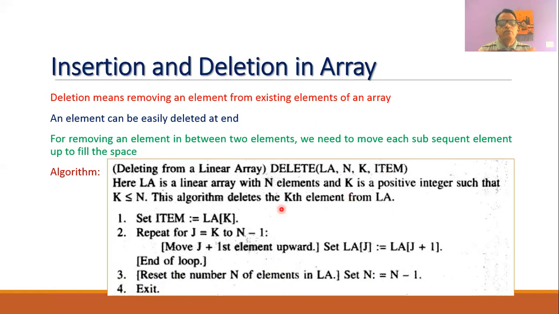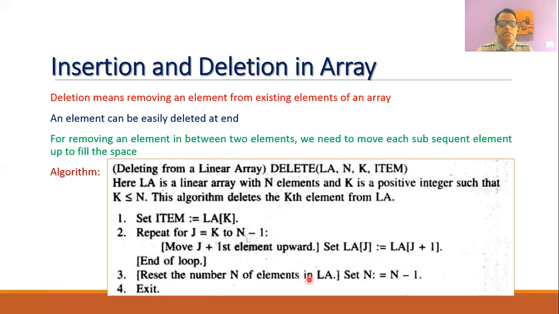Initially, we set ITEM equal to LA[K], that is, the Kth position element is assigned to ITEM. Now we repeat the steps for J equal to K to N minus 1. That is, we move the J plus 1 element upward, and this can be achieved by the statement LA[J] equal to LA[J+1].